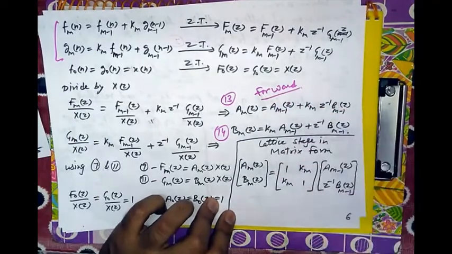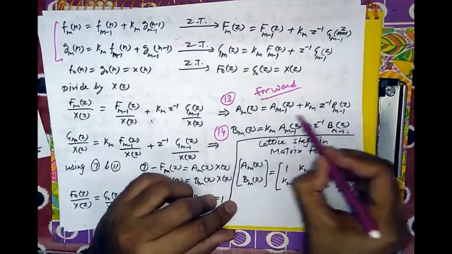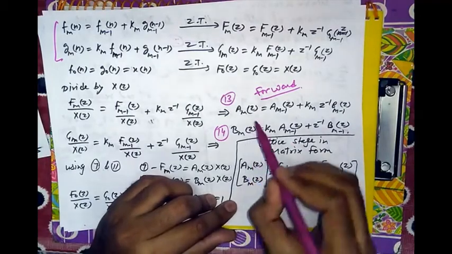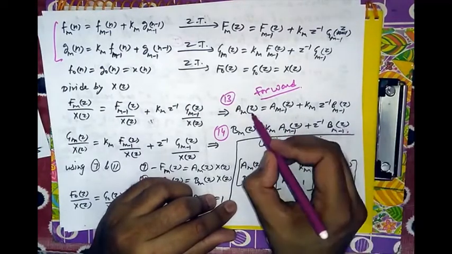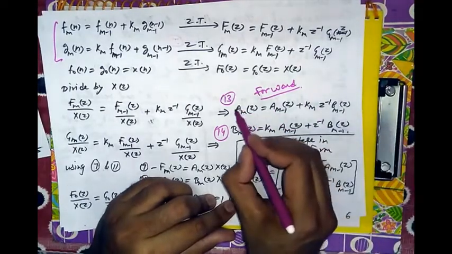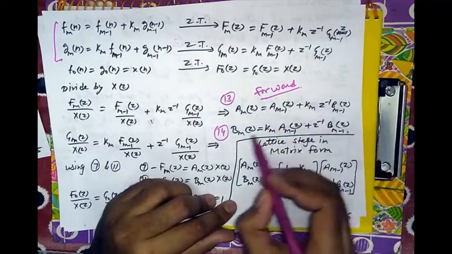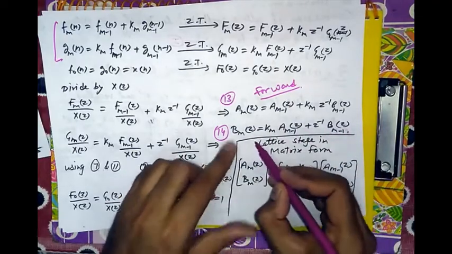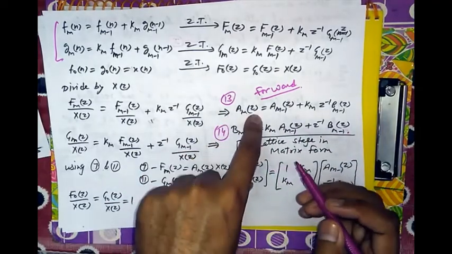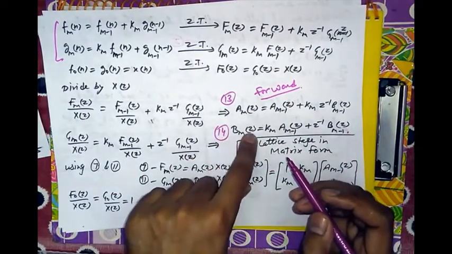and these are in forward direction. So equation number 13 is known as the forward iteration for the forward polynomial, and equation number 14 is known as the forward iteration for the reverse polynomial, because here A and z is used, which is the forward polynomial, and here it is the reverse polynomial B and z.